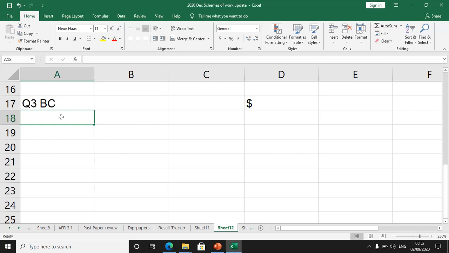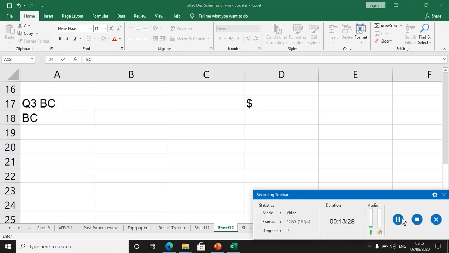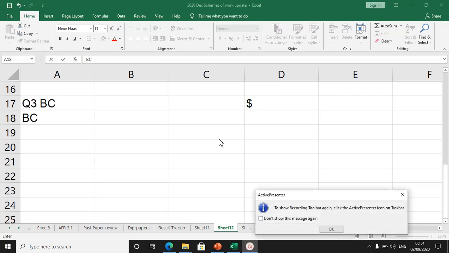So again, our borrowing cost will look as follows. Right, so let us calculate initially the borrowing costs.